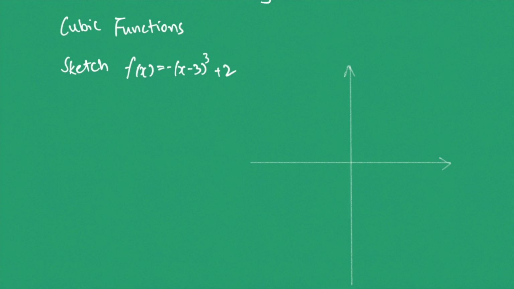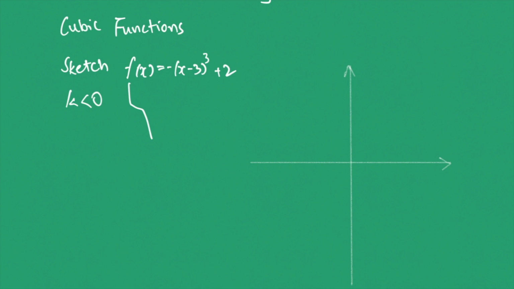Since in this case the k of this function is smaller than 0, it's decreasing and it's going downwards like this. And the b is 3, so the inflection will be moving 3 to the right.